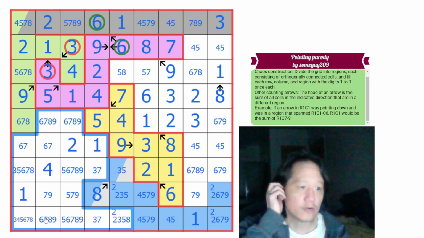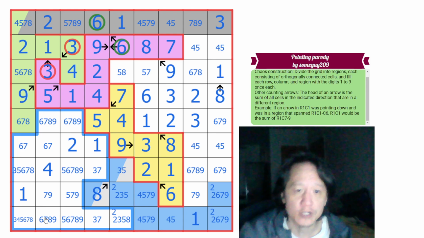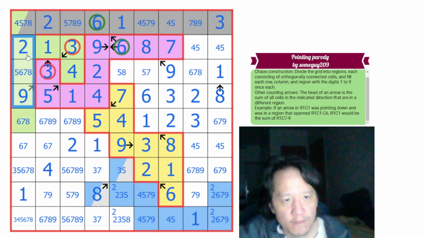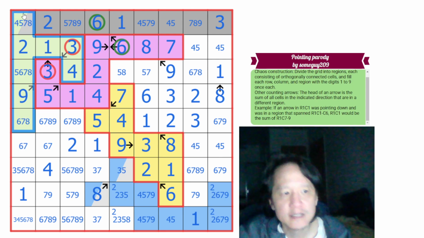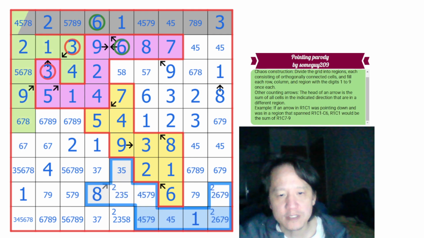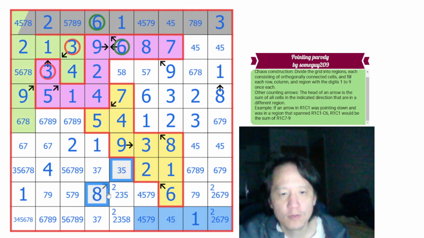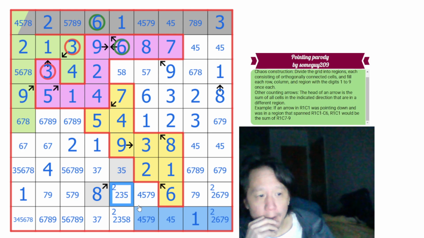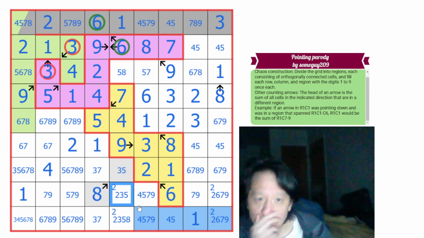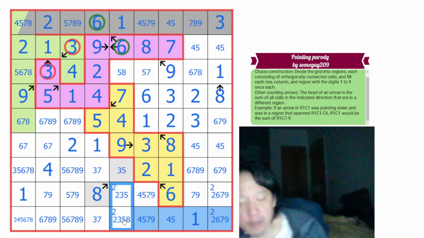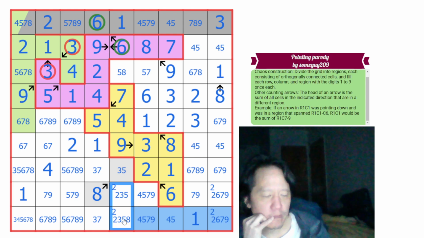So technically there would be possibility to have two regions, but this now becomes 1, 2, 3, 4, 5, 6, 7, 8 at most in size, and that's not allowed. Therefore, blue has to be a separate region than light gray or white. Oh, I guess this could be 3, so this actually could be both blues.